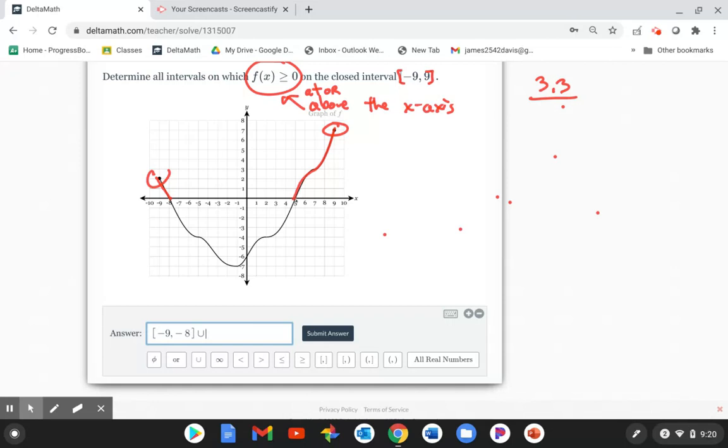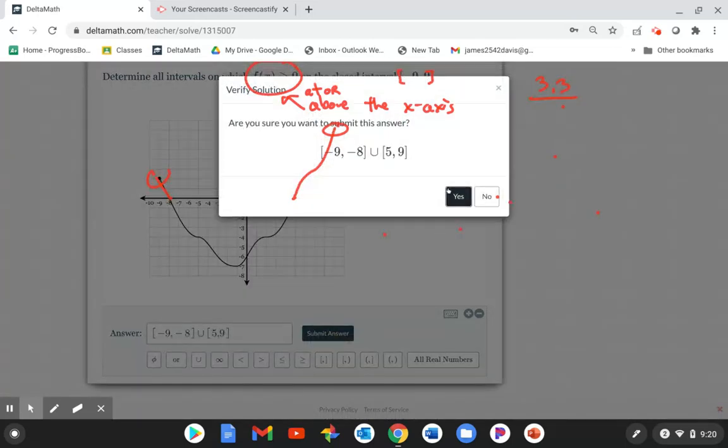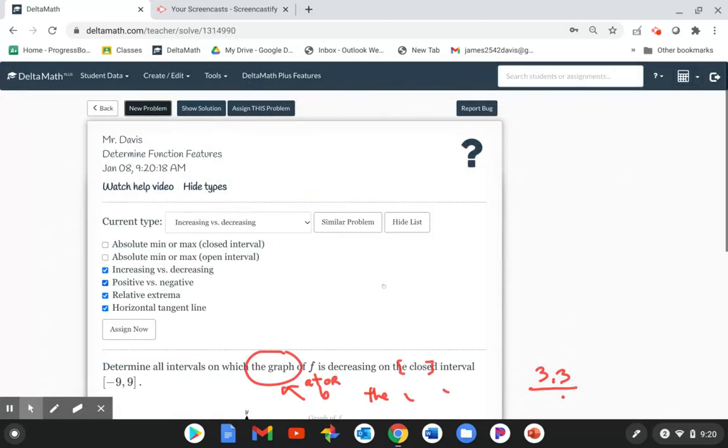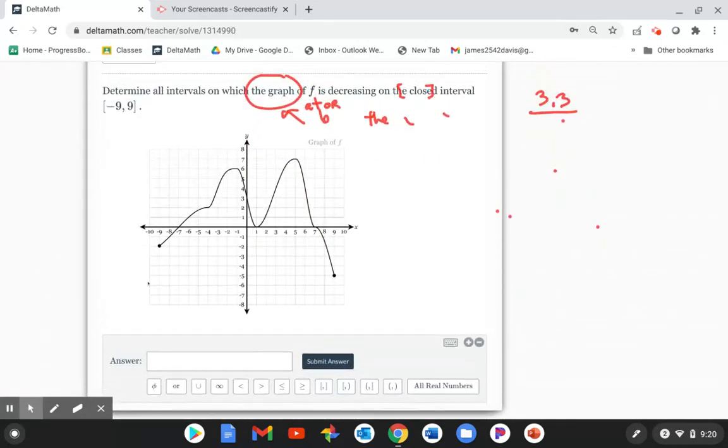And so that's going to be 5 up to 9. It's the x values. We're writing all x values. So 5 up to 9. All right. So that's the first type of problem.